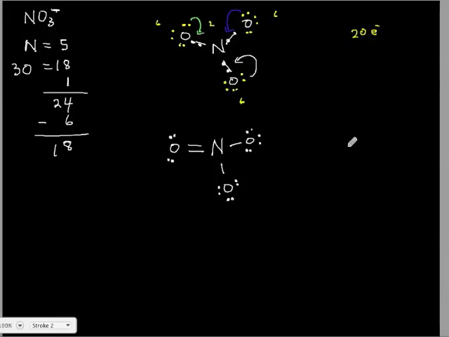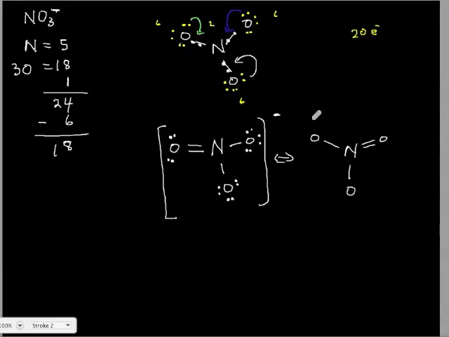The other possibility would be a double bond here with these 2 single, and we really want to put the negative charge. We must never forget the negative charge here, and that is in resonance with this possibility here.